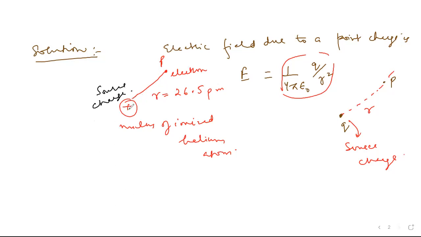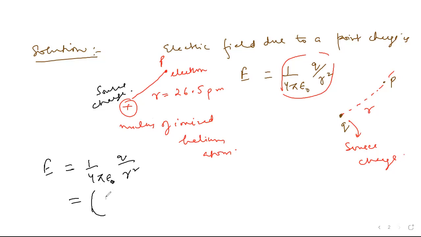So let us solve. We take this nucleus as a point charge and use this expression. So electric field is 1 by 4 pi epsilon naught q by r square, and you know we are assuming this expression that our charge is placed in vacuum. Let us put the numbers.